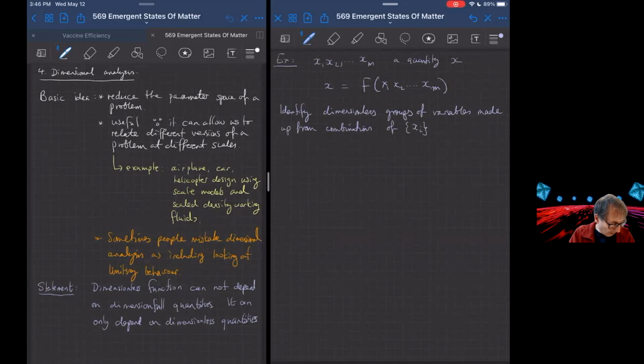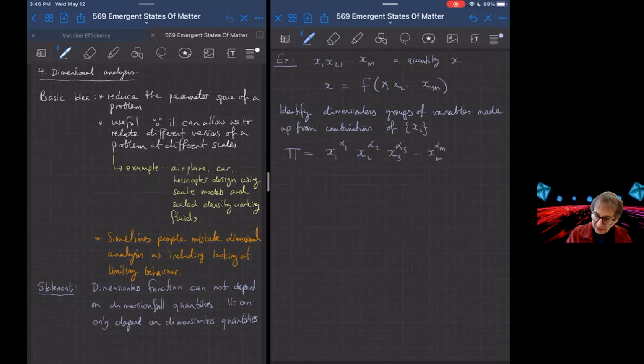and these are made up of combinations of the x's. So I'm going to call those variables pi, and I'm going to write them like this. So pi will be x1 to the alpha 1, x2 to the alpha 2, x3 to the alpha 3, and all the way up to xm to the alpha m.